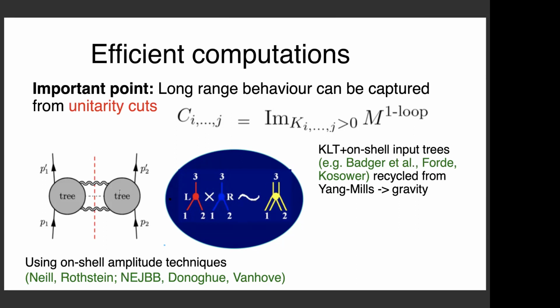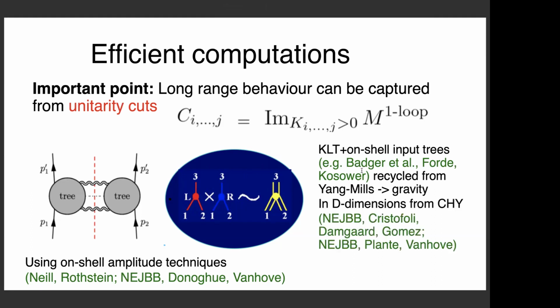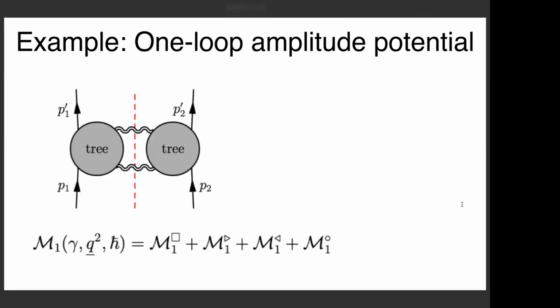So instead of working out gravity amplitudes using the Einstein-Hilbert Lagrangian, we can actually start from Yang-Mills expressions and these KLT relations that link to gravity. And this is very nice if we embed it in some modern techniques, among other things, algebraic methods that rely on some string theory structure of amplitudes. So I will explain also how that comes about.